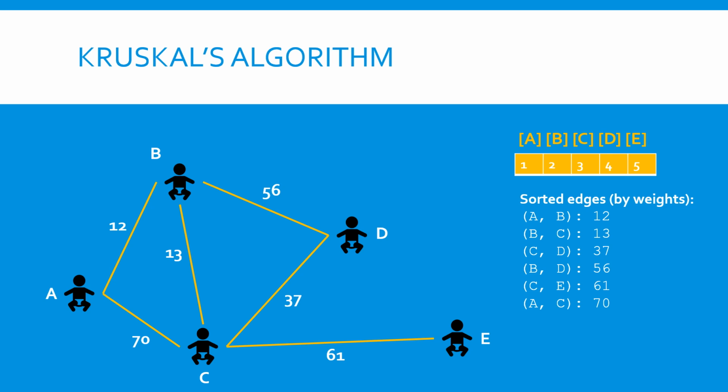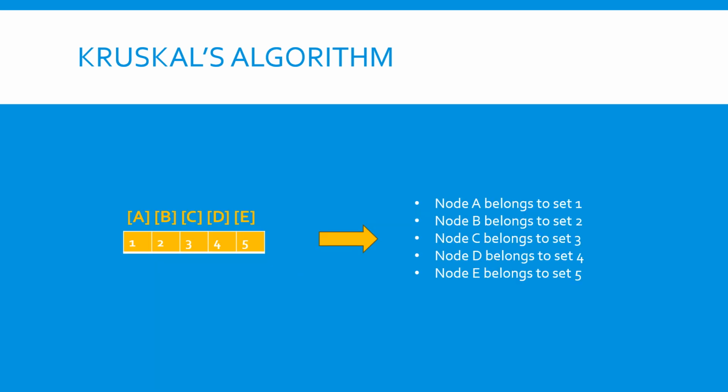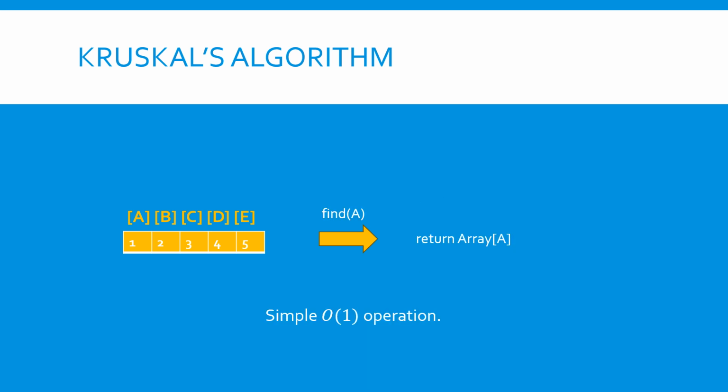Initially, each node belongs to its own set. For example, the array shows that node A is in set 1, node B is in set 2, and so on. Note that the numbers like 1, 2, 3 represent set IDs, not array indexes. The find operation returns the set ID stored in the corresponding entry.